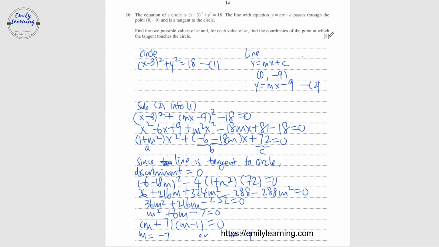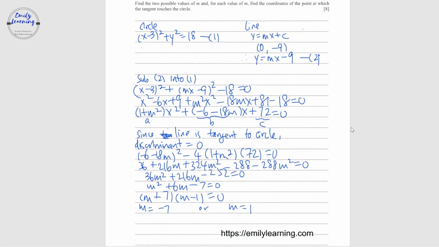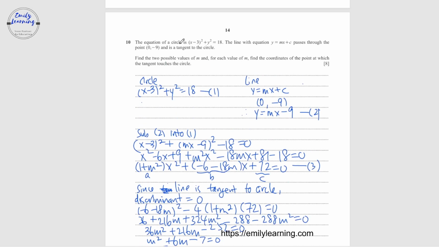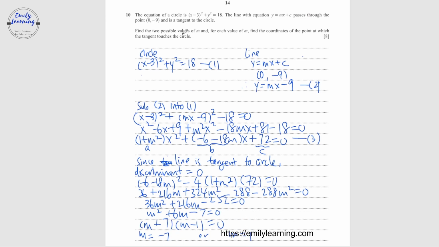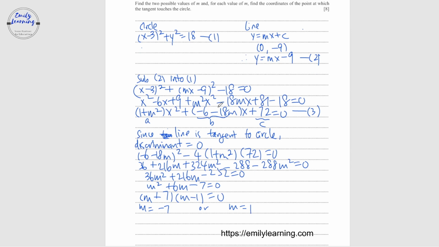Next, I need to find the coordinates of the point at which the tangent touches the circle. So let me call this equation 3. Once I sub in the values of m, I need to solve for x. That will be the x coordinate of the point at which the tangent touches the circle.